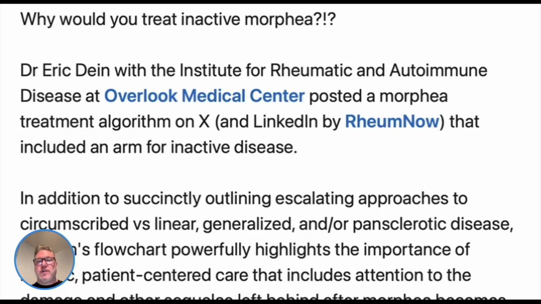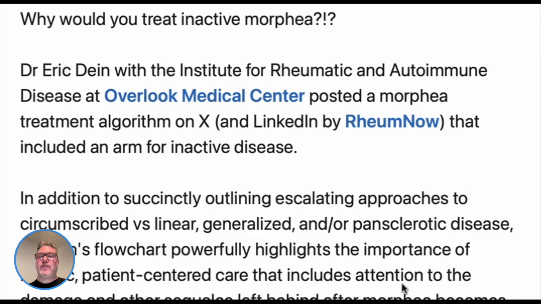Well, that was my question when I saw Eric Dean's post on X. Dr. Eric Dean is with the Institute of Rheumatic and Autoimmune Diseases at Overlook Medical Center, and he posted a handy morphea treatment algorithm on X, and that was later reposted on LinkedIn by RheumNow, and it included an arm for inactive disease.